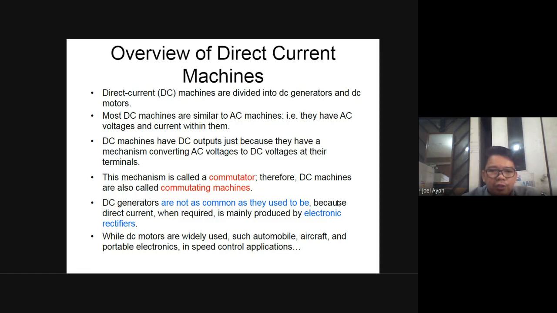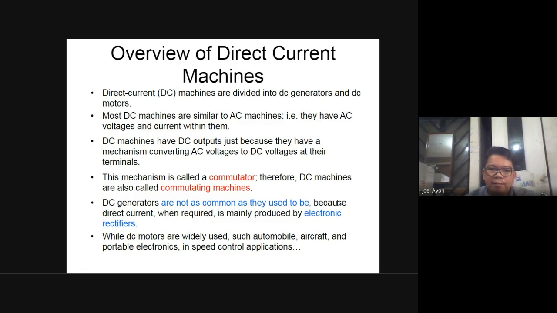DC generators are not as common as they used to be because direct current, when required, is mainly produced by electronic rectifiers. Okay? For DC generators, class, electronic rectifiers are also needed.